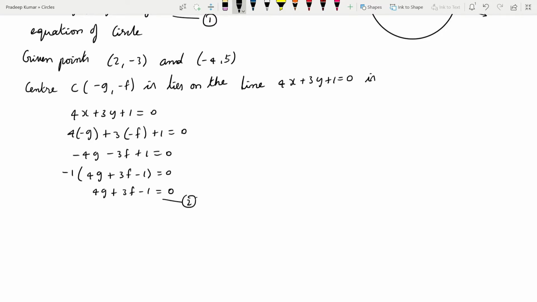Okay, so now we will substitute the 2 points which were given, (2, -3) and (-4, 5), in the general equation of the circle. So I can write here, equation 1 is passing through the first point, that is (2, -3).